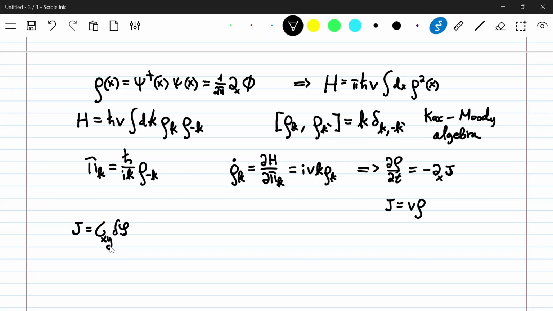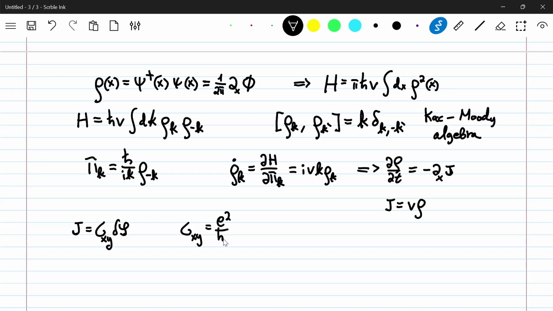That's what creates the current, and this current is related to it by the quantized Hall conductance, sigma xy. We know that it is quantized. It's e square over h, because we started from an integer quantum Hall state.